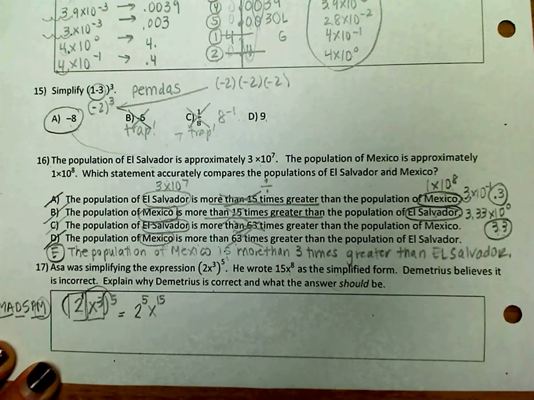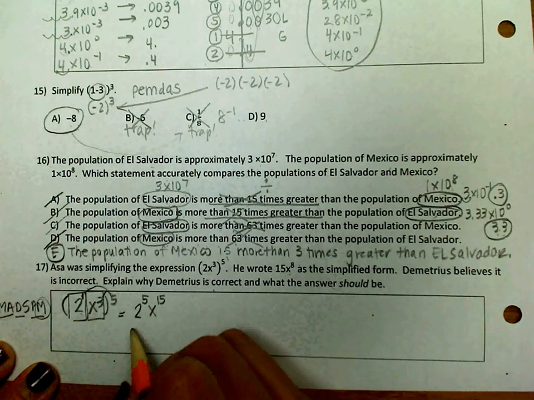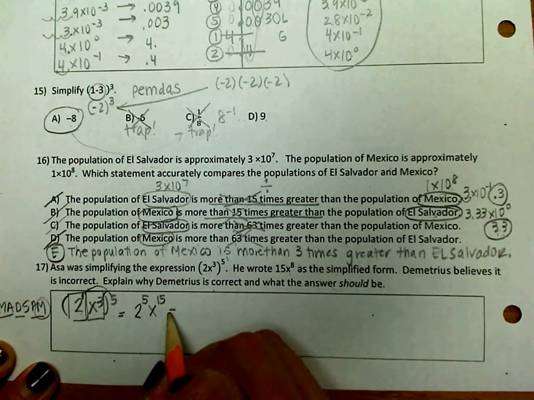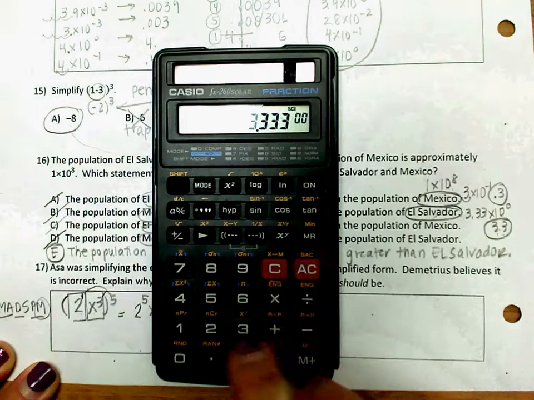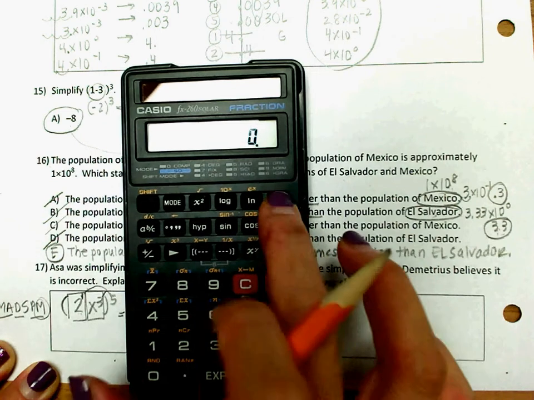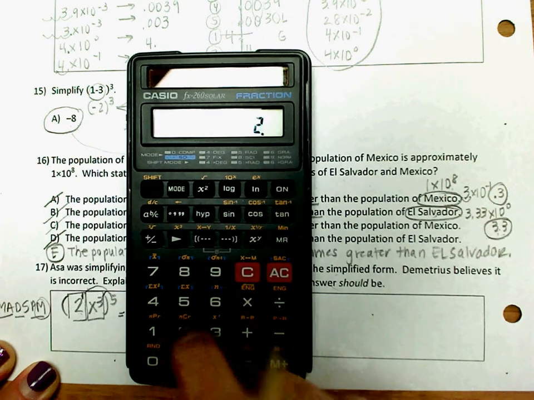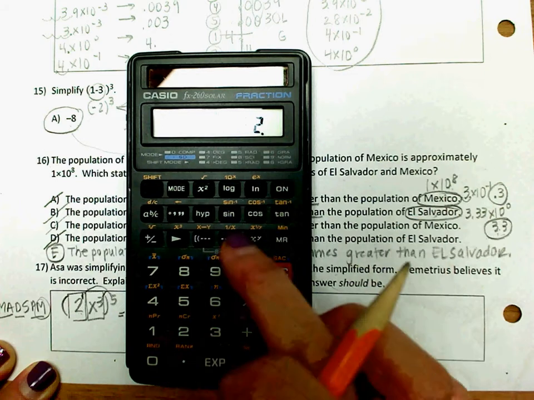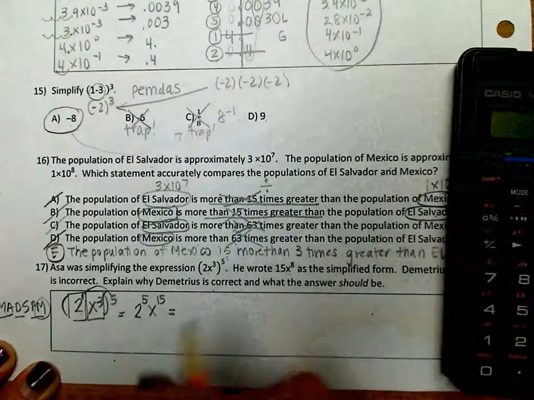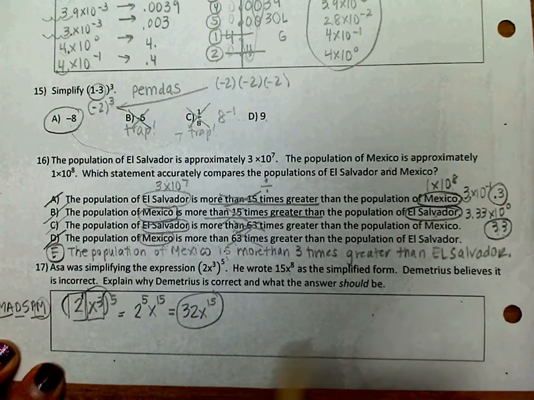Some people want to look at that and say, oh, that's 10, but it's actually 2 to the 5th. So 2 to the 5th is 2 times 2 times 2 times 2 times 2, 32. So this is 32x to the 15th. That should be your correct answer.